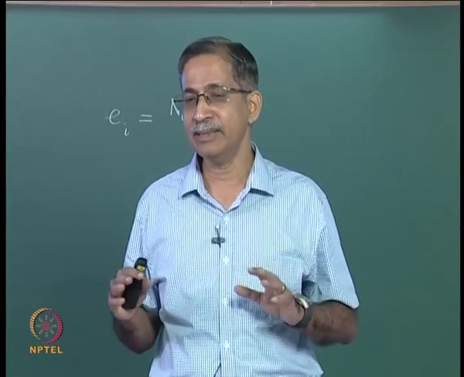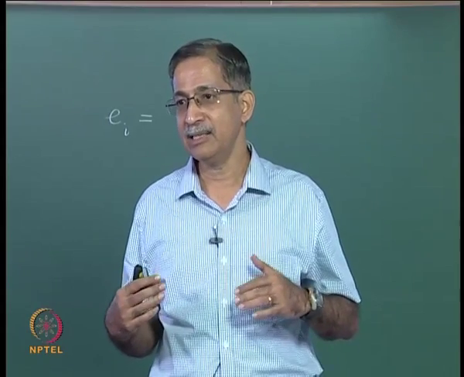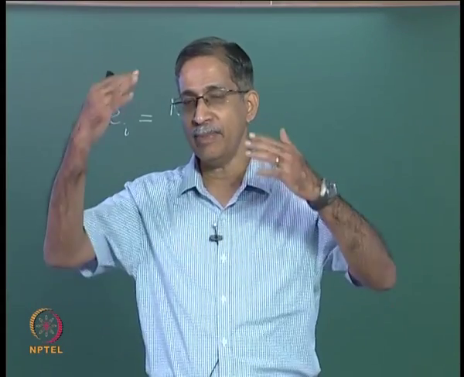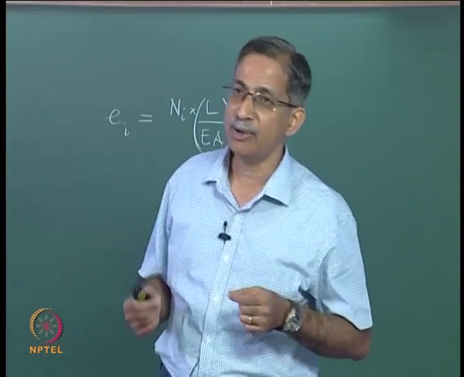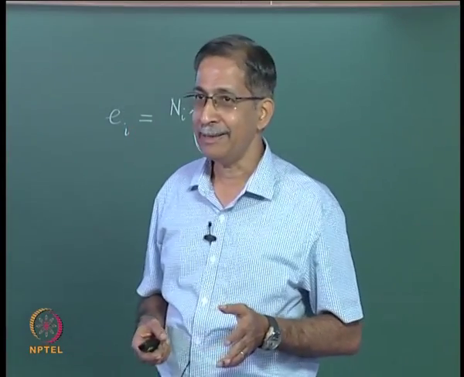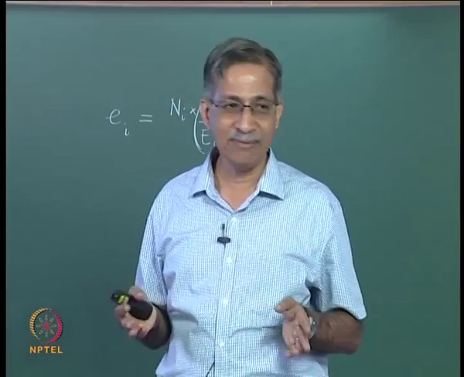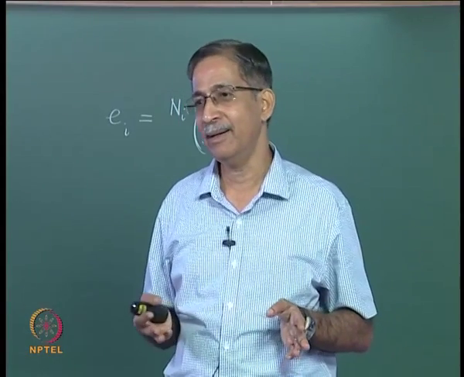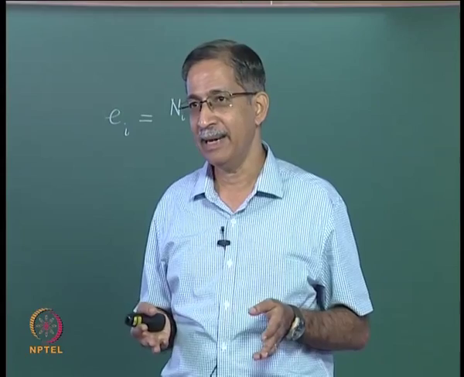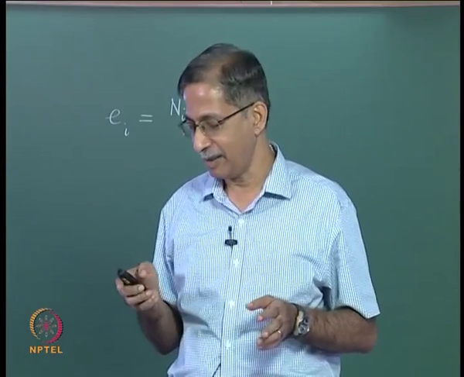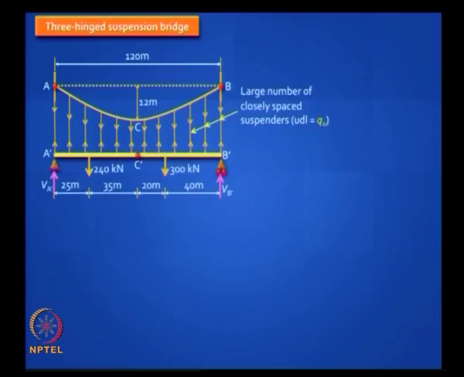All the load that goes on the deck is actually transmitted to the parabolic cable through those vertical elements called suspenders, and if the cable is parabolic, then you can safely assume the suspenders carry a uniformly distributed load. This can be facilitated by providing a hinge at the center as shown here, because if you provide a hinge at the center and you make this assumption of uniformly distributed load, this problem becomes statically determinate, otherwise it is indeterminate.